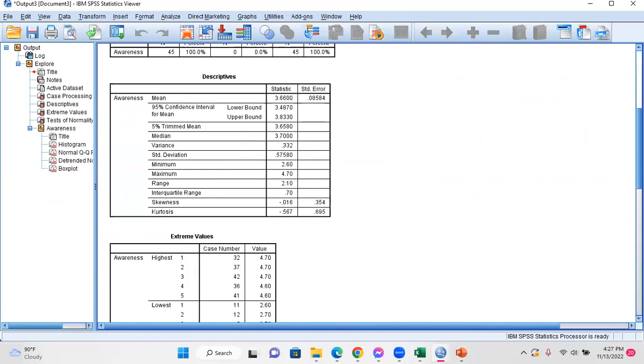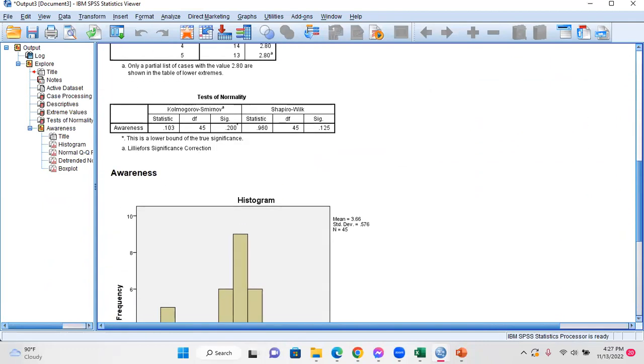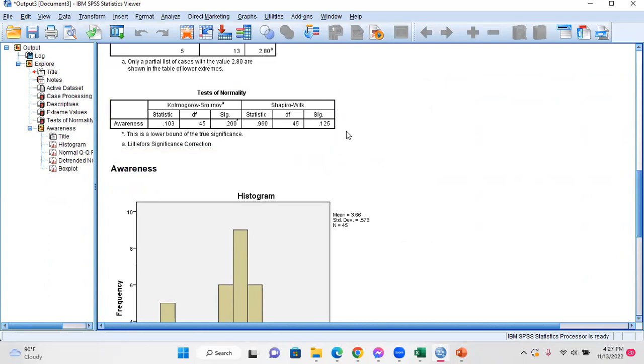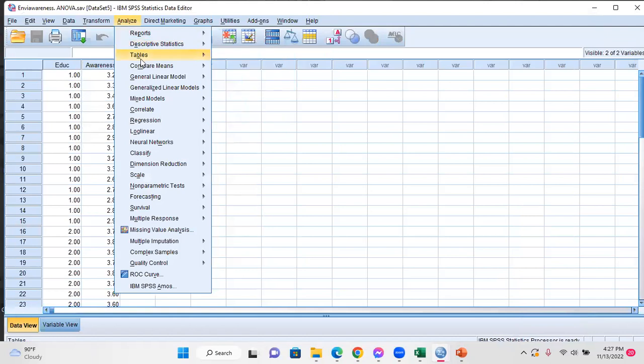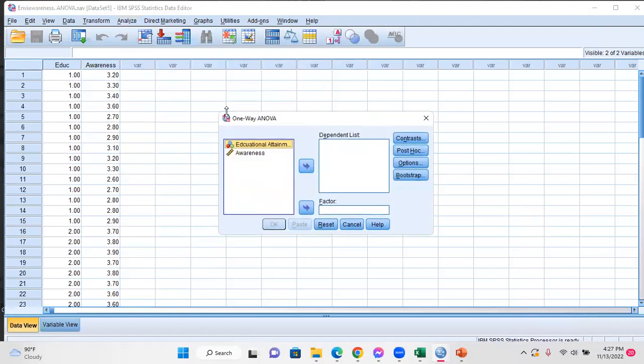Let's check. Ayan. Pasado tayo. So, proceed tayo sa ANOVA. So, let's check if there is a significant difference. So, analyze, compare means, one-way ANOVA.